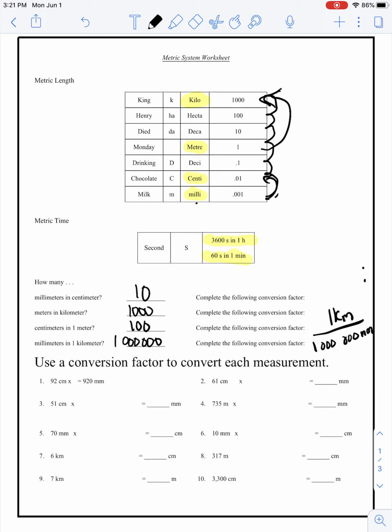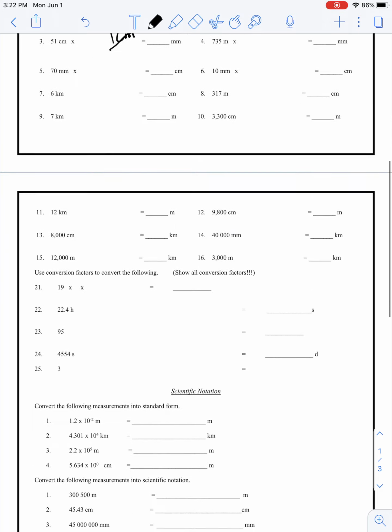So we're going to multiply by 10 millimeters per centimeter. By multiplying that, the centimeters cancel and we get 920 millimeters. Of course, mine just gave you the answer. I don't know what's going on there. But anyway, you're just going to continue on with the rest of those in that same fashion.